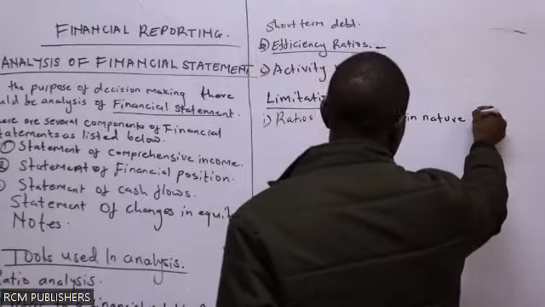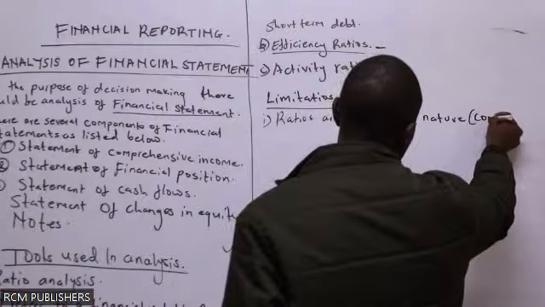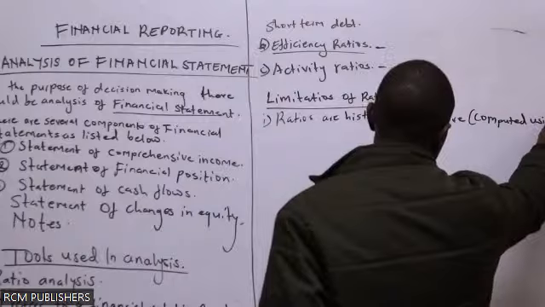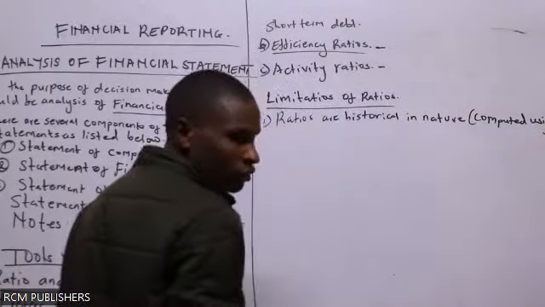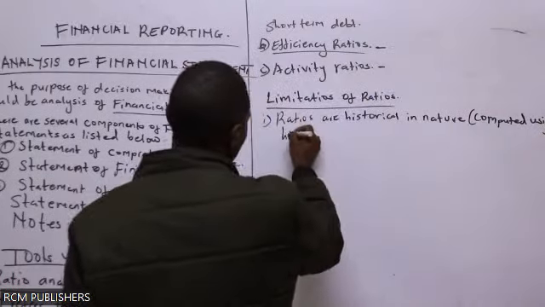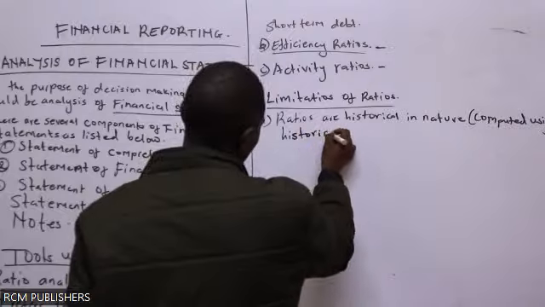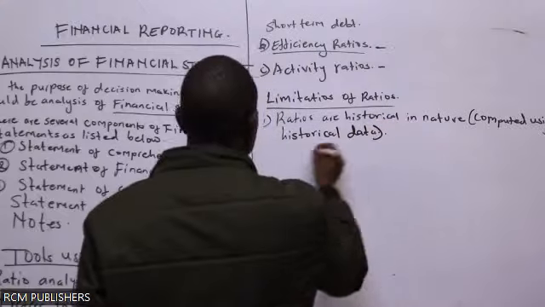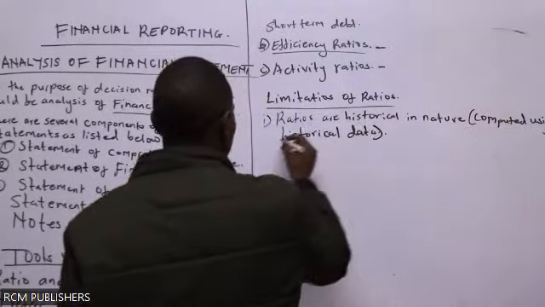So they are computed using historical data. I'll show you how we compute the ratios. Historical, using the historical data.